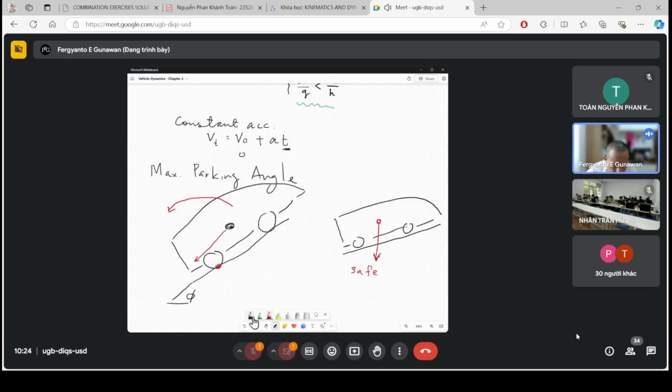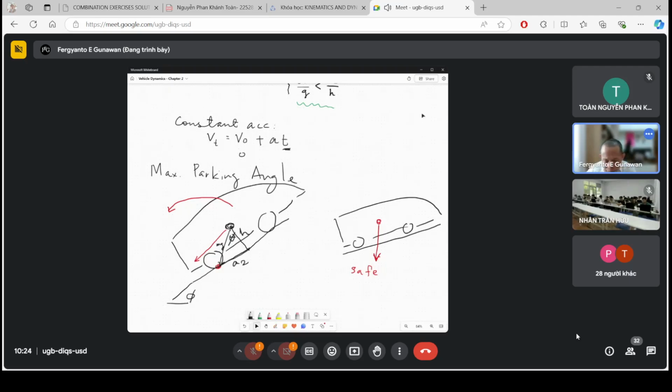So the maximum angle that you can park will be controlled by this direction. The weight should go here, and this will be the maximum angle that you can park, right? So you have to think about this, and this will be your pi, and this distance will be A2, and this distance will be H.